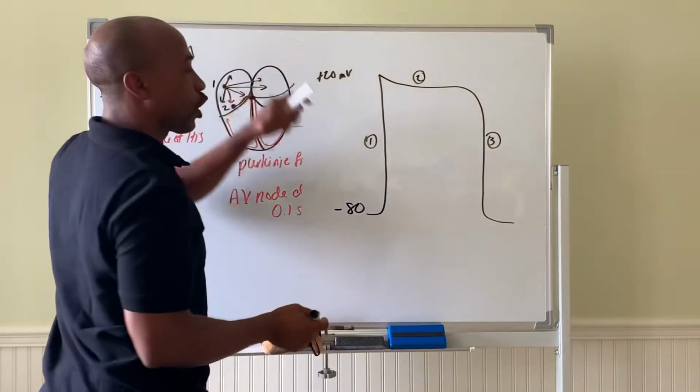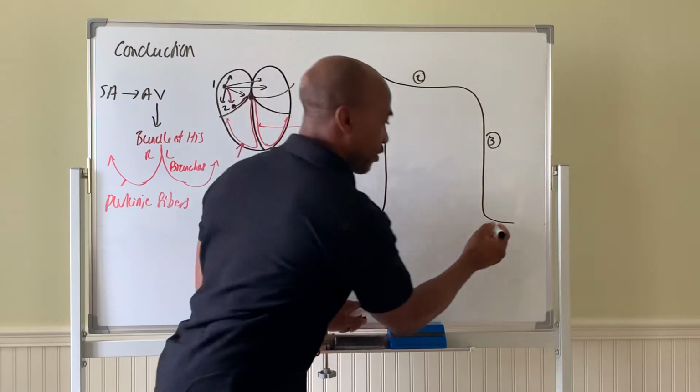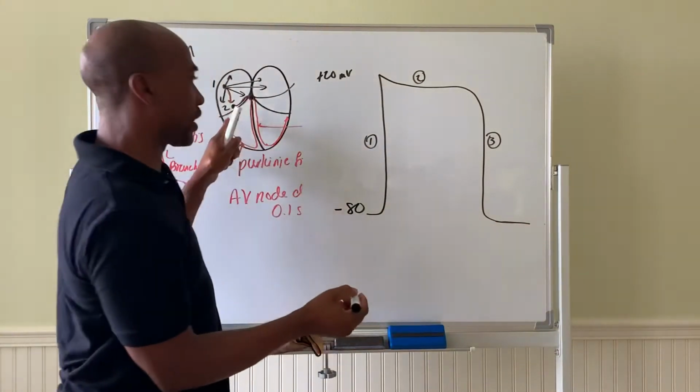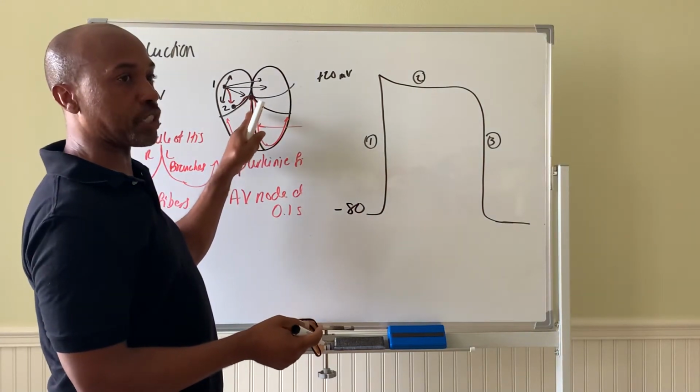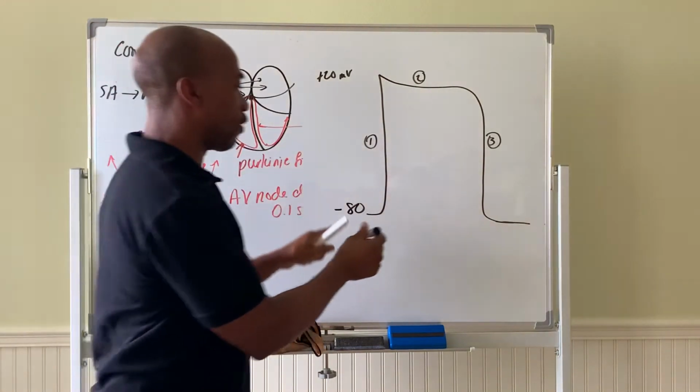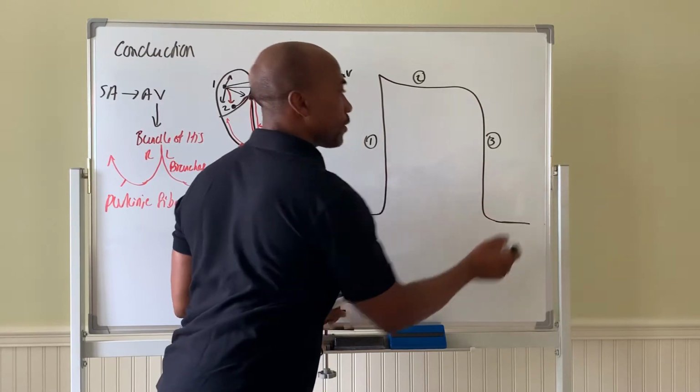And as you can see, this cell rests. When it comes down, it rests and waits again for a new input to come in. So these cells require an external input from your pacemaker system, versus these cells would have already drifted back up by themselves.